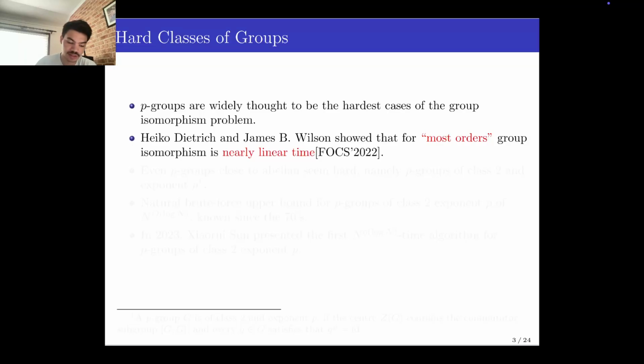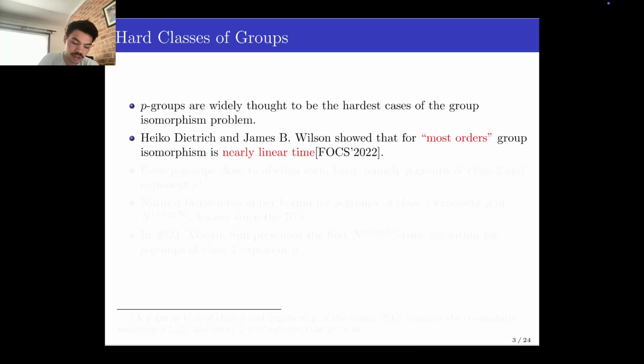That is, p-groups would be of order p to the k, and they're also quasi-polynomial time. So the fact that we have these p to the k order groups in quasi-polynomial time, while for most orders group isomorphism is nearly linear time, suggests that these p to the k order groups are one of the hardest cases.